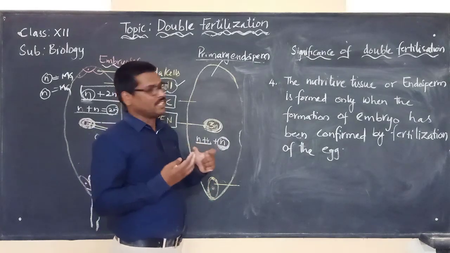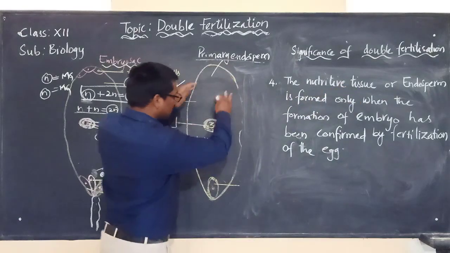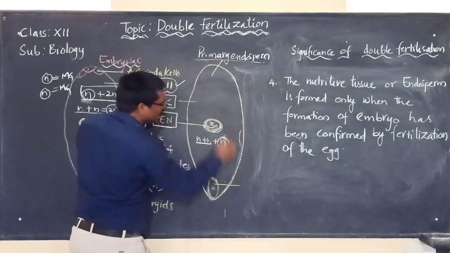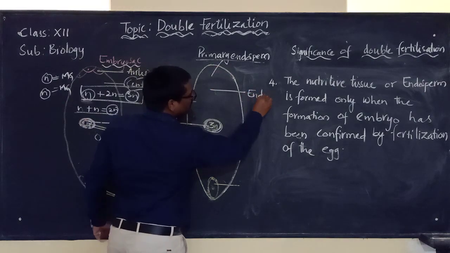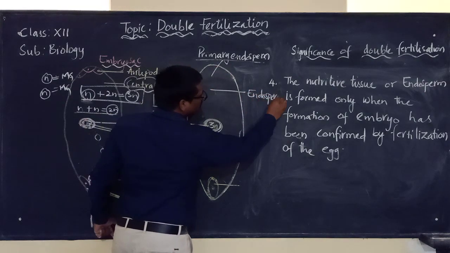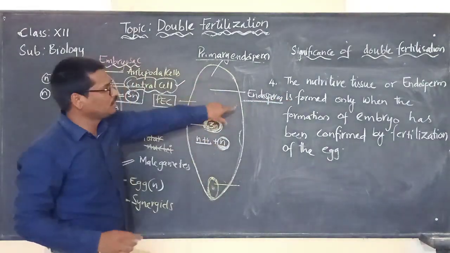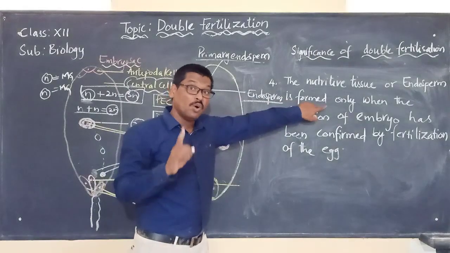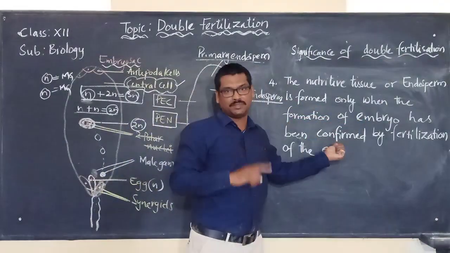So what confirms this? Here the nutritive tissue, the primary endosperm, later changing into endosperm. This nutritive tissue is formed only when the formation of embryo has been confirmed.